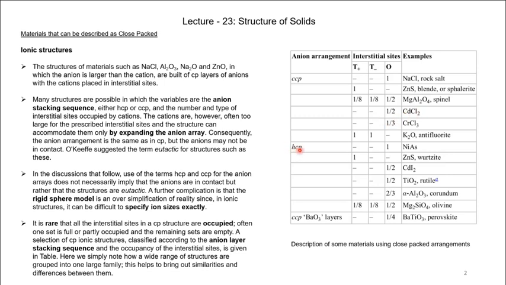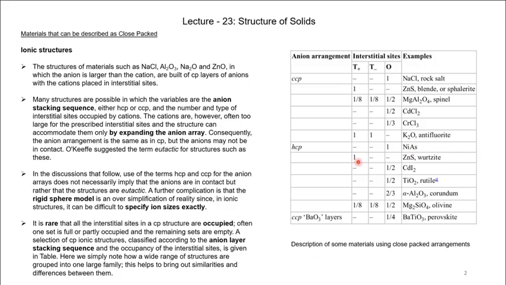If we go to the hexagonal close-packed arrangement, where the anion sites are arranged in hexagonal close-packed arrangement, and the cation fills all the octahedral sites, we get the nickel arsenide structure.